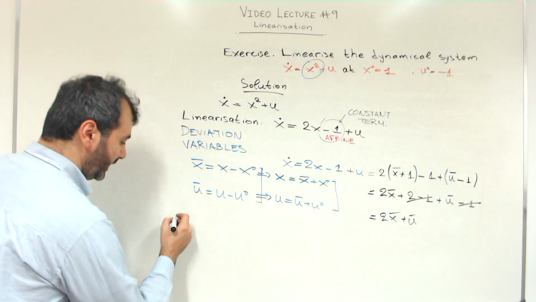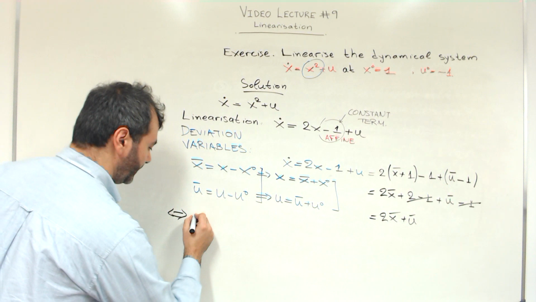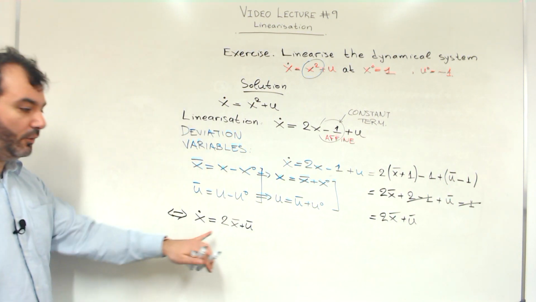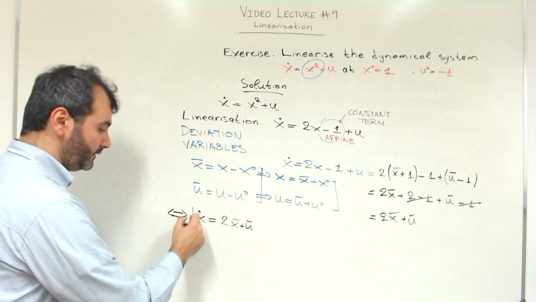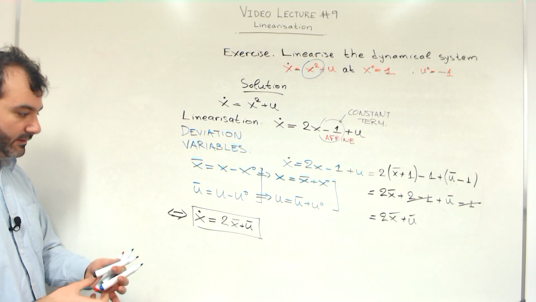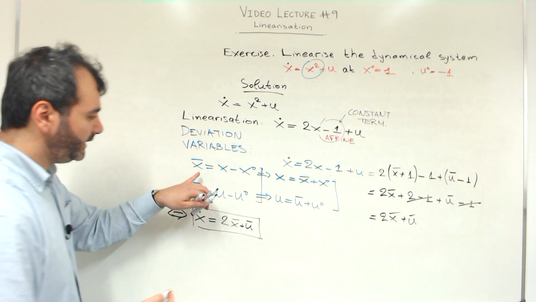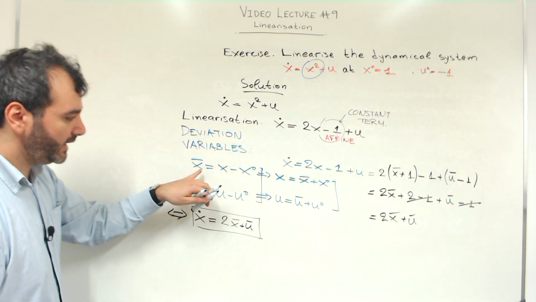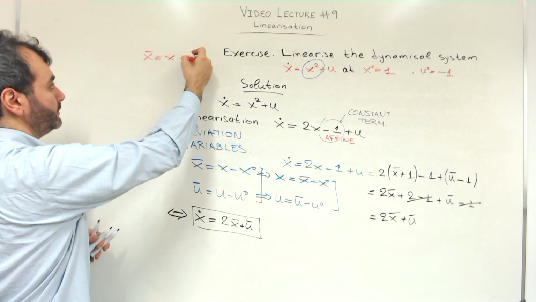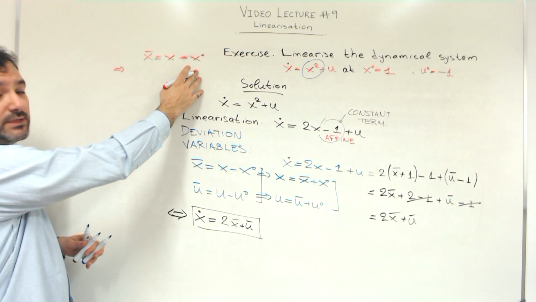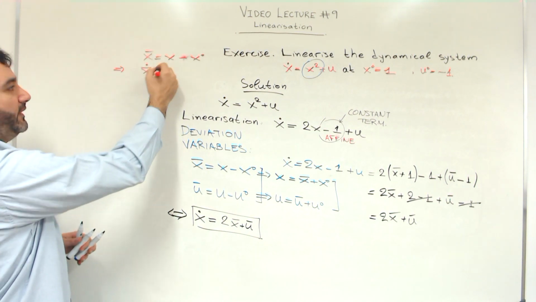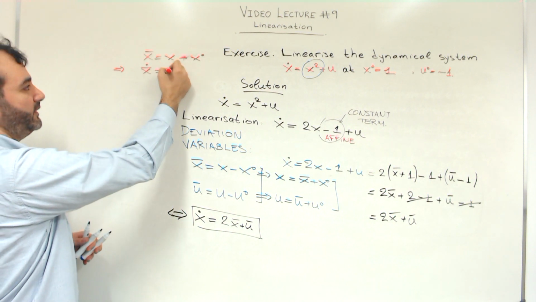Let's write it once again here equivalently. We have x dot. We are almost there. The trick here is to note that if we take a derivative on both sides of this equation, if we differentiate both sides, we have x bar dot, the derivative of x, is equal to the derivative of x here.